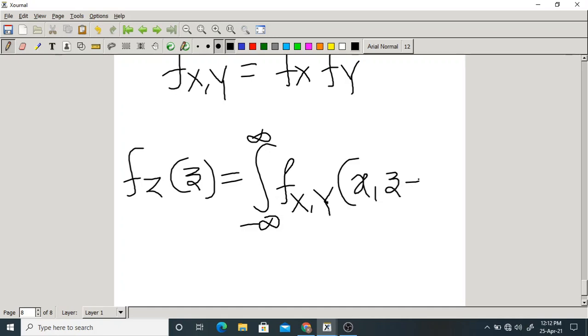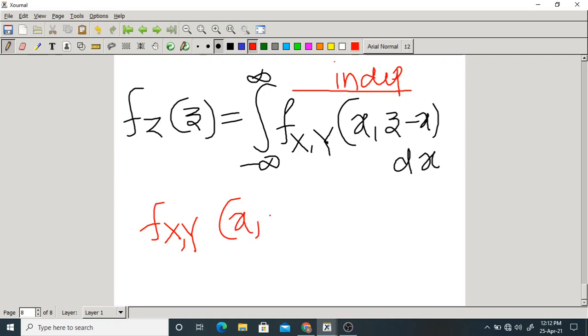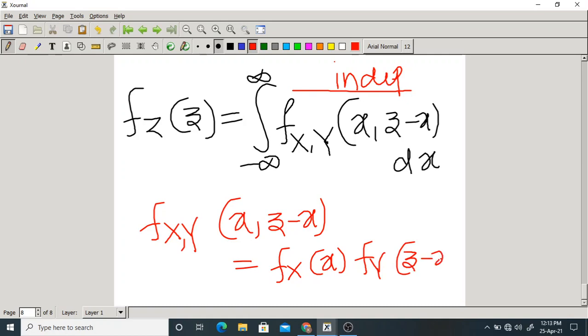...minus x dx. Now, since x and y are independent, what can you write? f of x comma y of x comma z minus x can be written as fx of x into fy of z minus x.